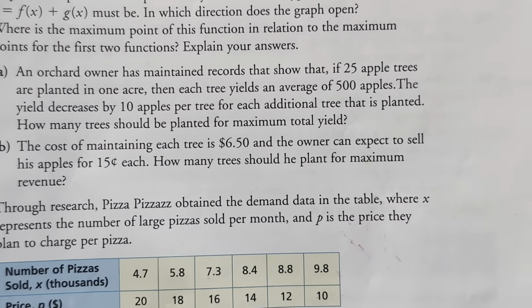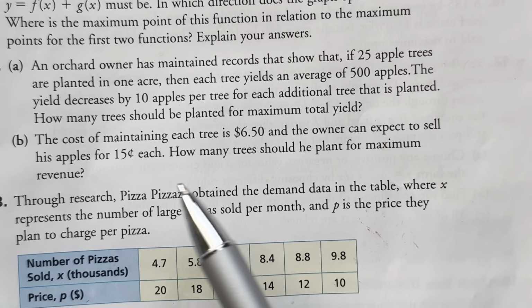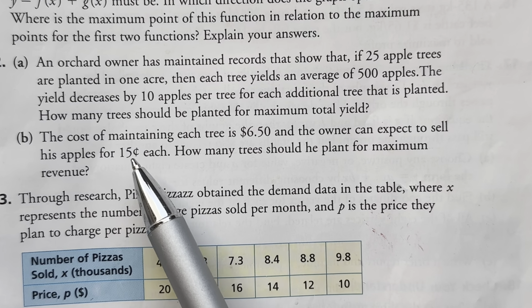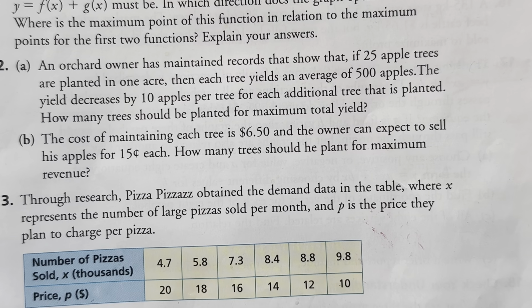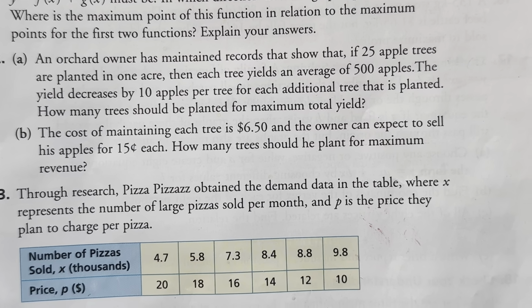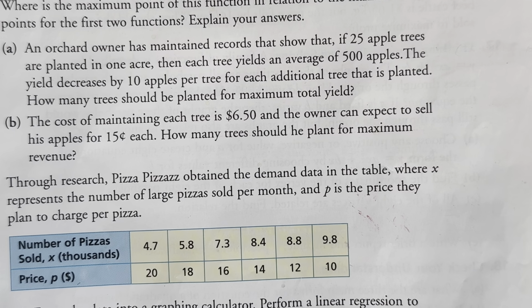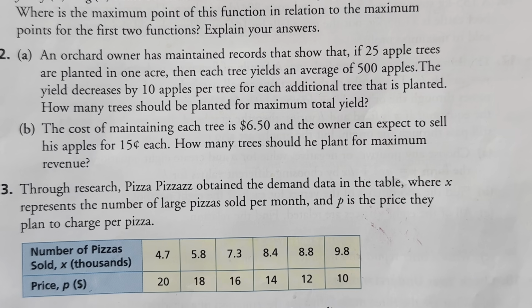And the owner can expect to sell the apples for 15 cents each. Each apple can be sold for 15 cents. How many trees should be planted, or should he plant, for maximum revenue?